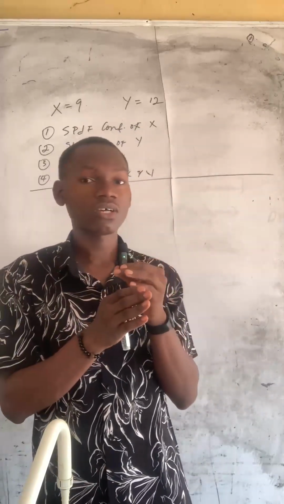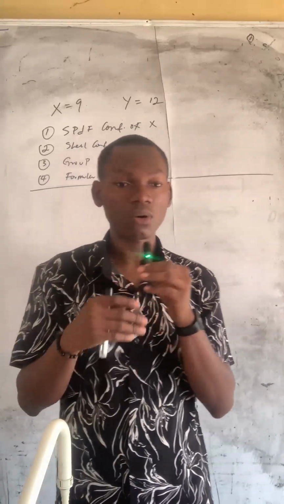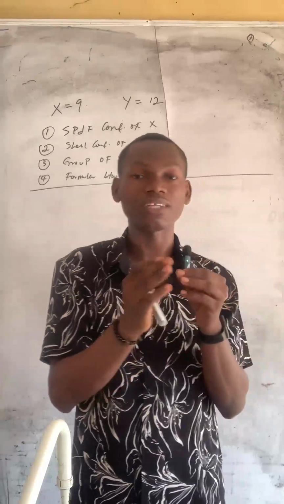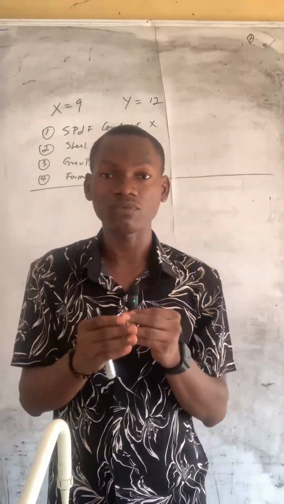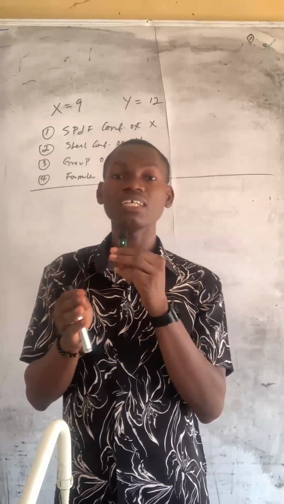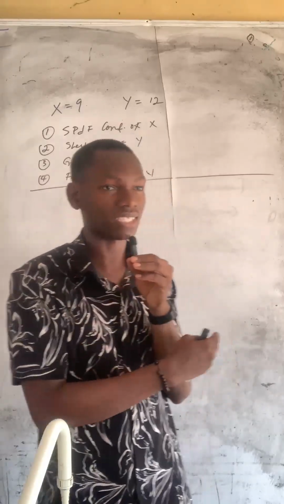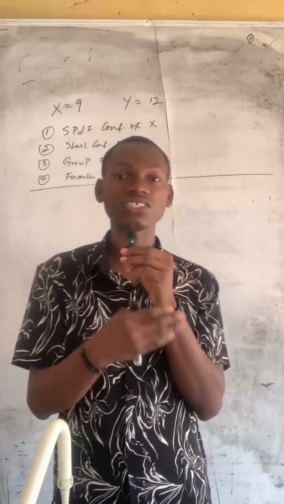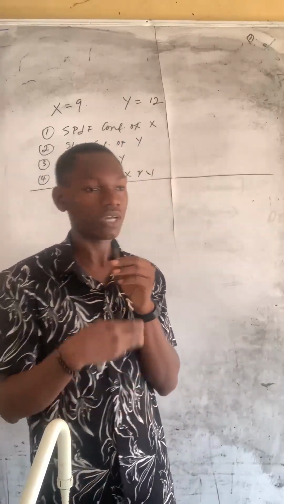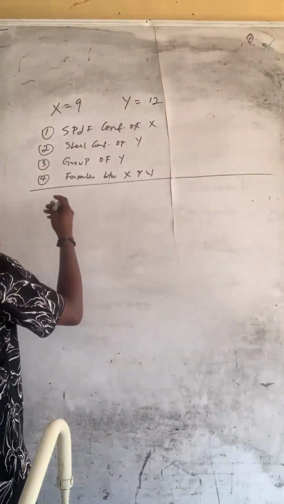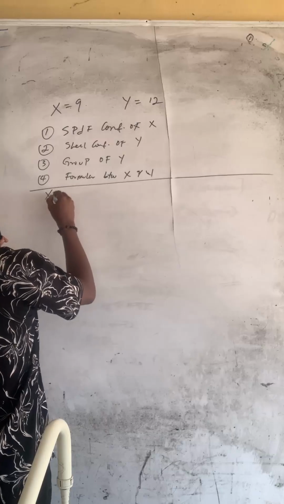So the shell is different from the subshell, right? One of them is just the outermost one, and the other is the shell that is inside of the shell. I did a video concerning electronic configuration, so you have to check that video out in order to understand SPDF and shell electronic configuration.